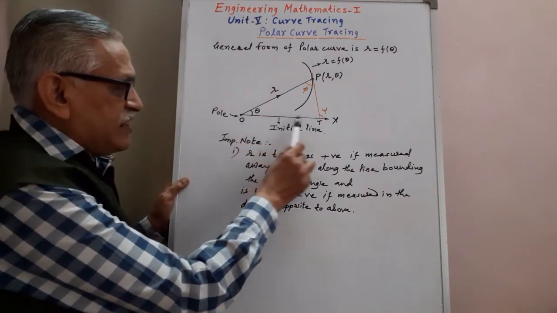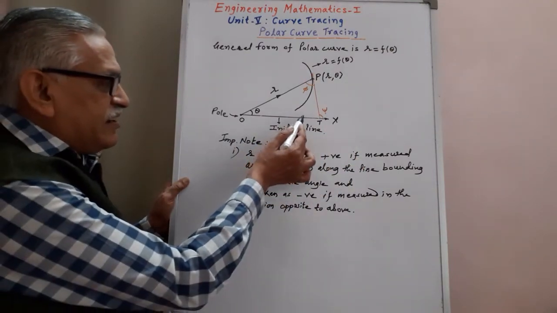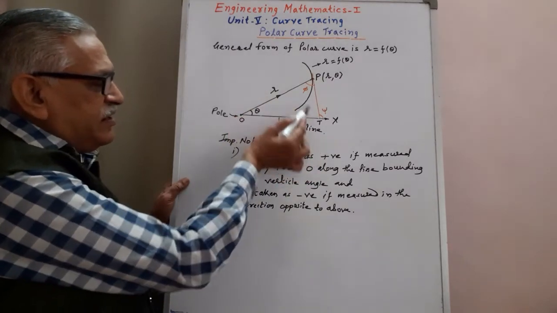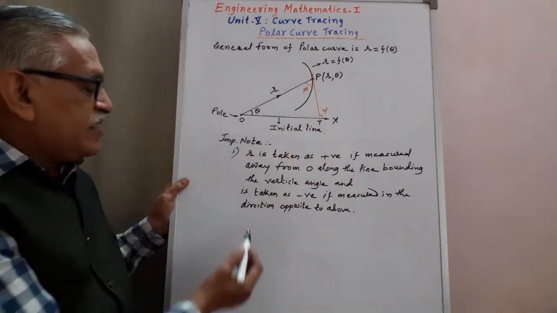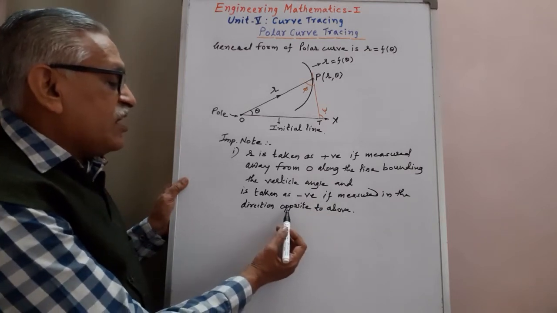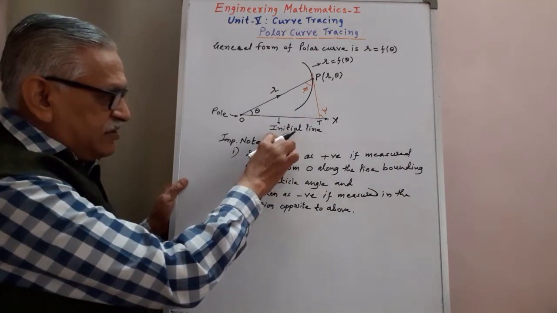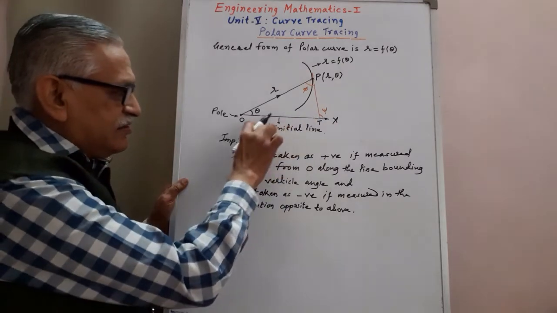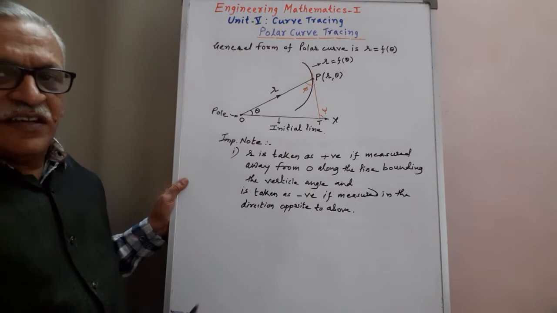Therefore, this is the line bounding the vertical angle theta, and we consider the value of r as positive if we take it on the upper side of this line, and as negative if measured in the direction opposite to the above. That means if we consider the value of r below this line, then it is considered negative.